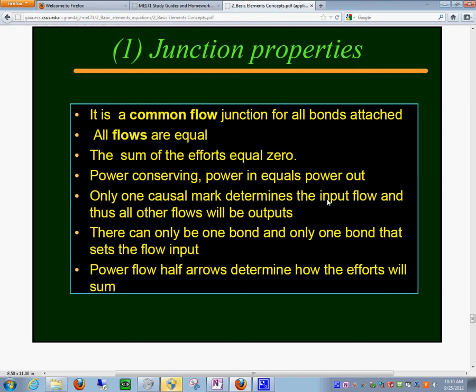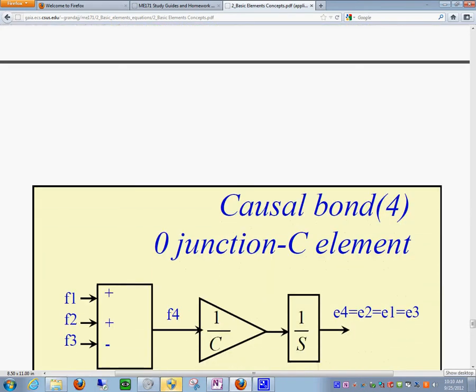Only one causal mark determines the input flow, and therefore all the other flows need to be outputs. There can be only one bond that sets the flow input. And also power flow half arrows determine how the efforts will sum in this case. So the opposite, the reverse of the zero junction, right?